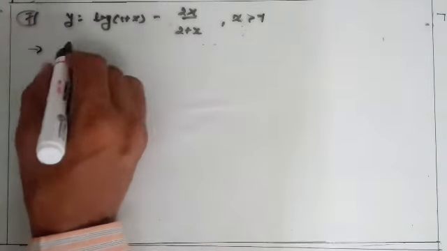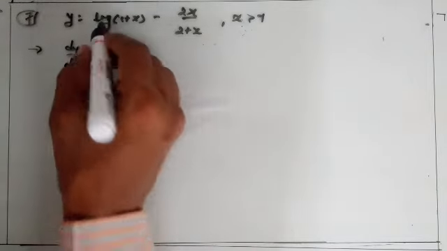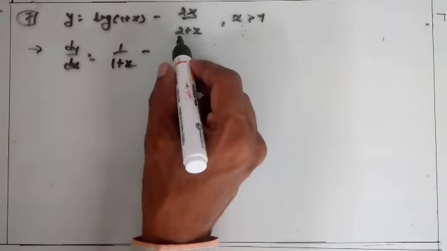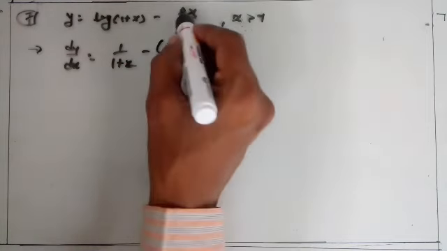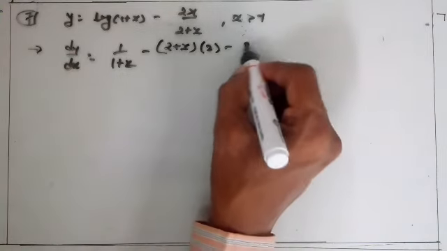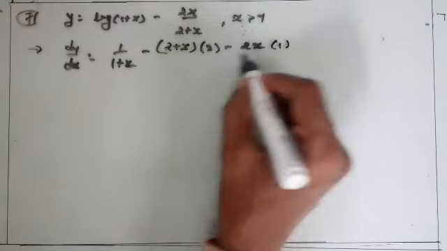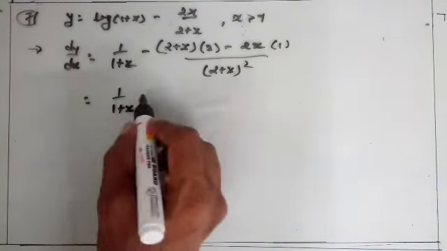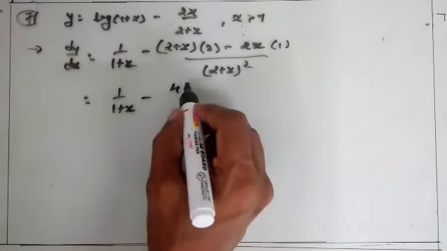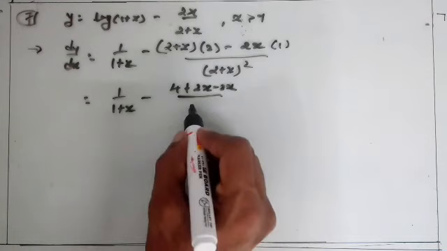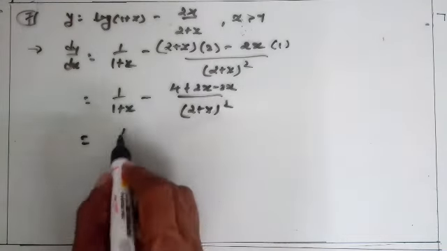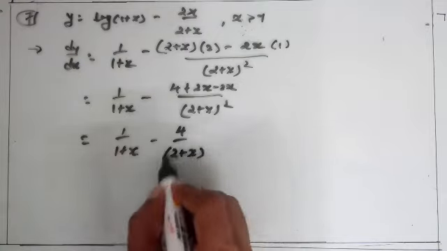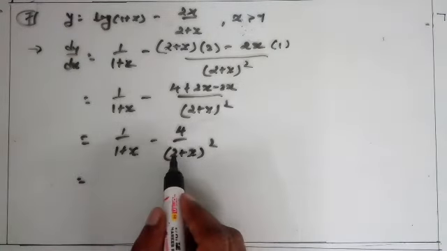For this, first we get the first derivative. dy/dx = derivative of the log function, which is 1/(1 + x), minus the derivative of 2x/(2 + x), which is [(2 + x)·2 − 2x·1]/(2 + x)². Clear? So it is equal to 1/(1 + x) − (4 + 2x − 2x)/(2 + x)². So 1/(1 + x) − 4/(2 + x)², where the 2x cancels.